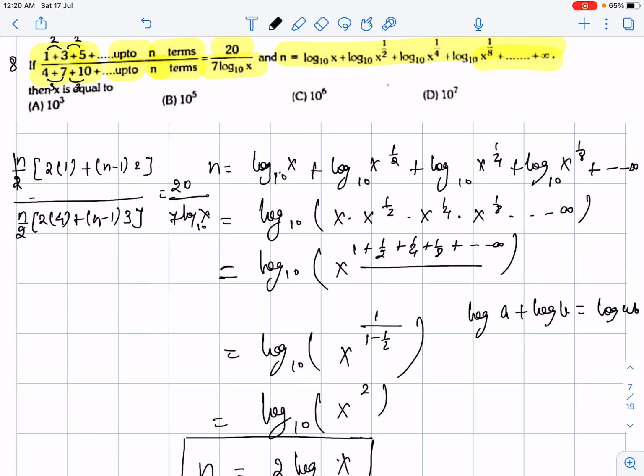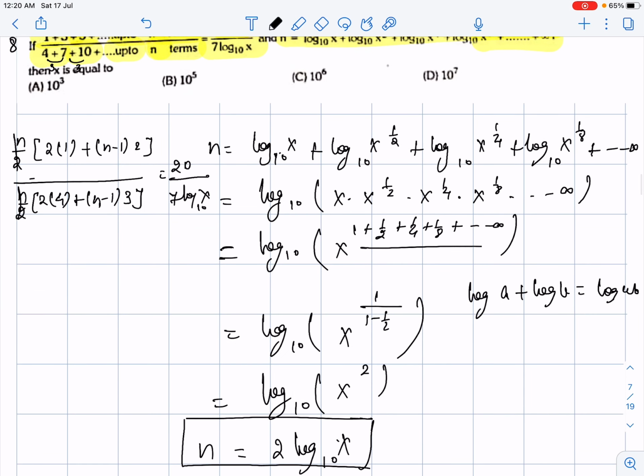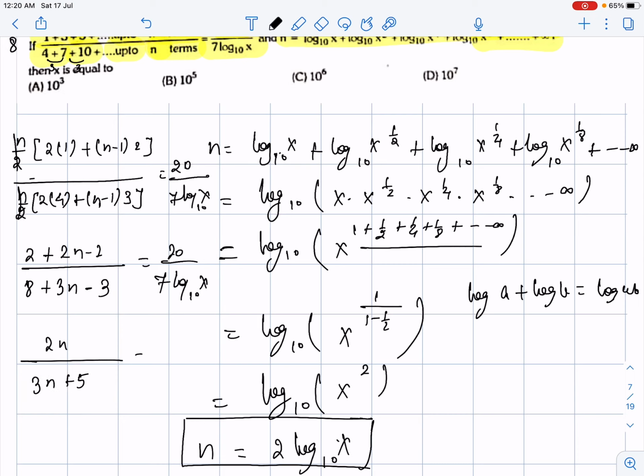Now n by 2 and n by 2 will cancel, but we do know the value of n also, so I have to substitute that. The numerator becomes 2 plus 2n minus 2, divided by 8 plus 3n minus 3, equal to 20 divided by 7 log x base 10, and we get 2n divided by 3n plus 5 equal to 20 by 7 log x base 10.